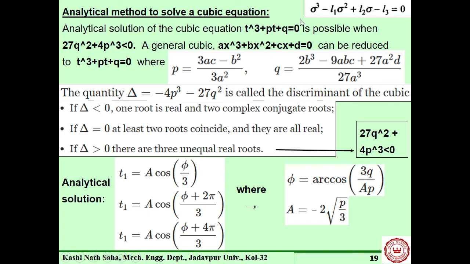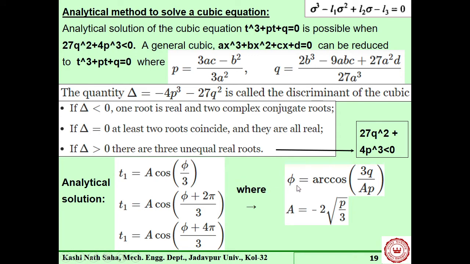So now our equation is in this form. The three roots of this particular equation are given by this, okay? Here you see, these roots, actually they are T1, T2 and T3, okay? So they are in terms of unknown A and this angle phi, right?